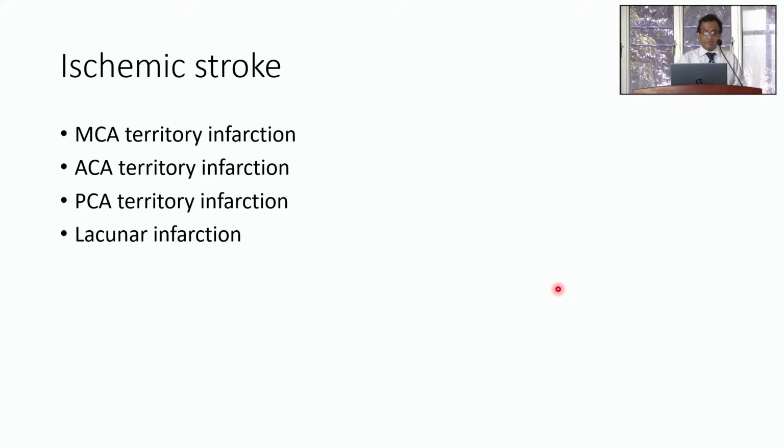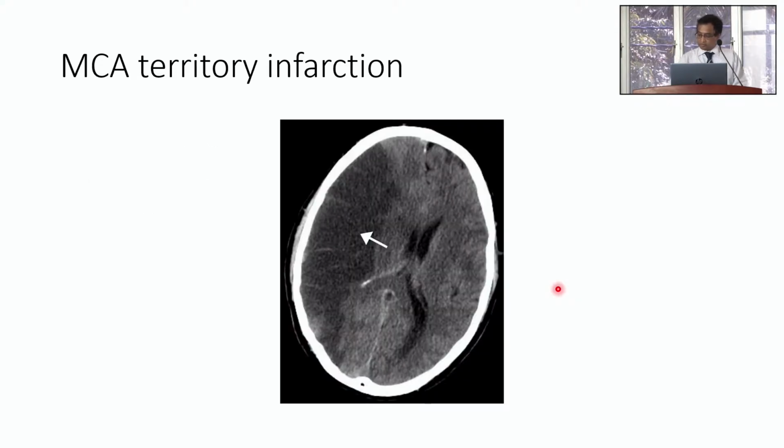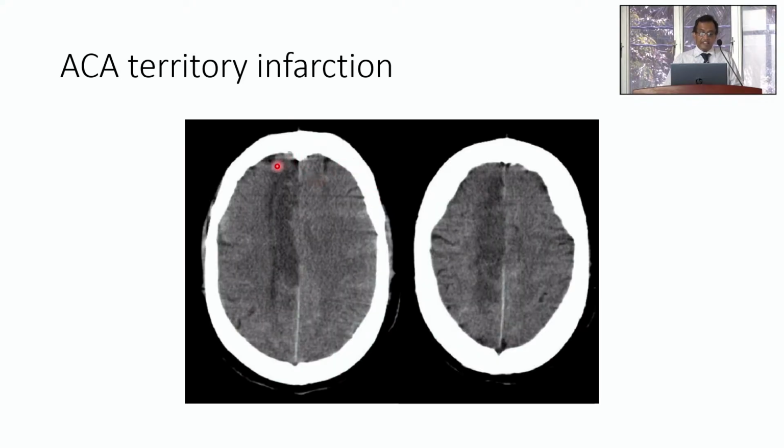Now, I will show some images. Here you can see a hypodense area in the right parietal region with sulcal effacement and mass effect. We can see minimal midline shift and right lateral ventricular compression. These are the features of an acute middle cerebral artery territory infarction. Then we can see a hypodense area with sulcal effacement in the medial aspect of the right anterior parietal and frontal lobe.